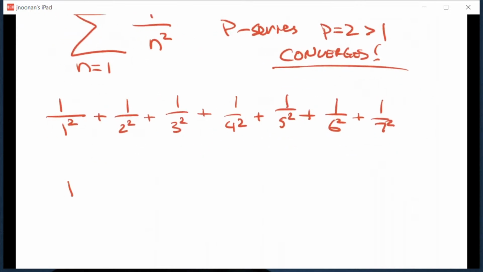Okay, so we've got 1 plus 0.25 plus 0.1111111 plus, 4 squared is 16, so 1 over 16 is 0.0625. I'm going to have to use my calculator now.